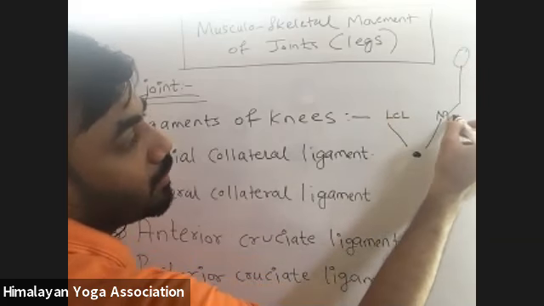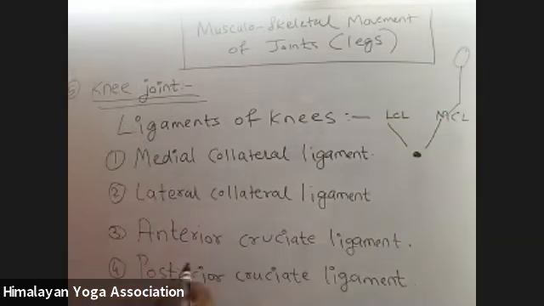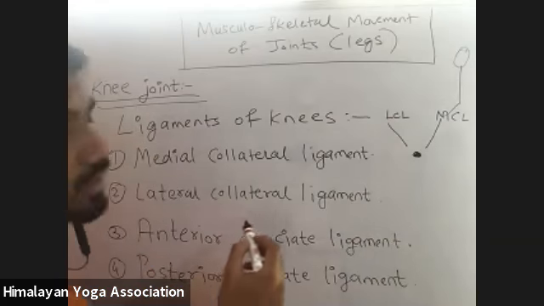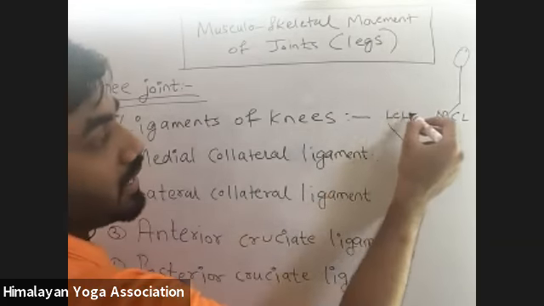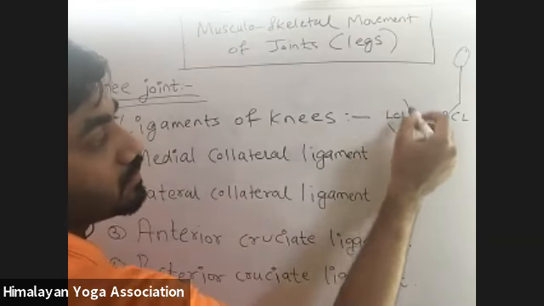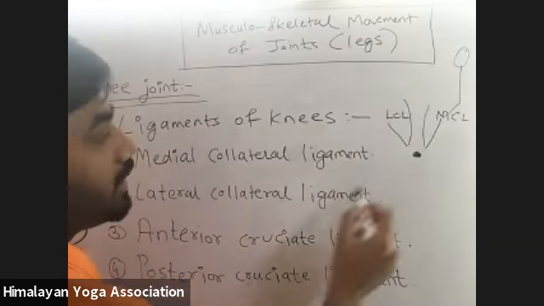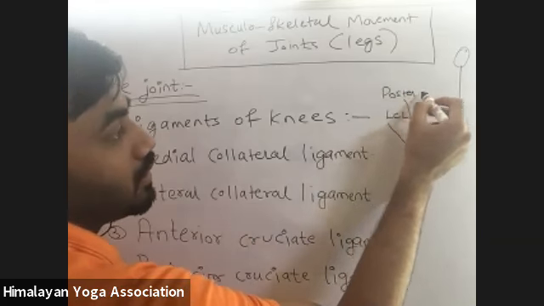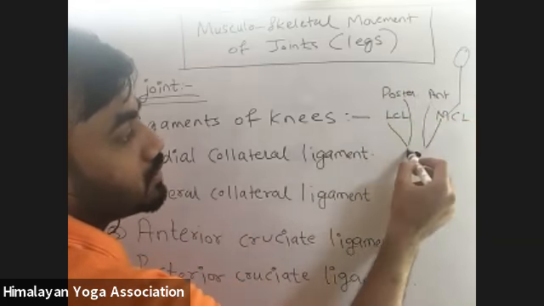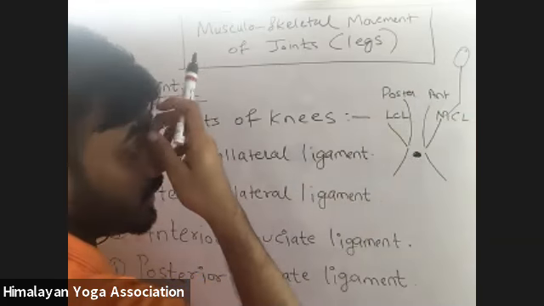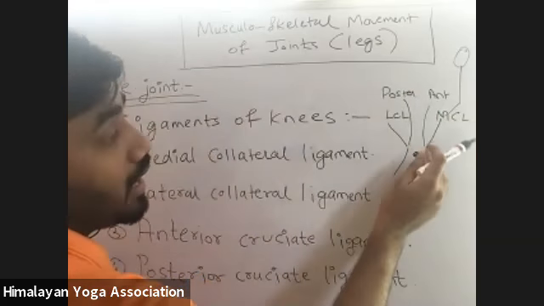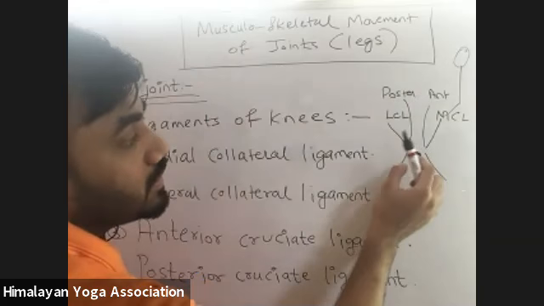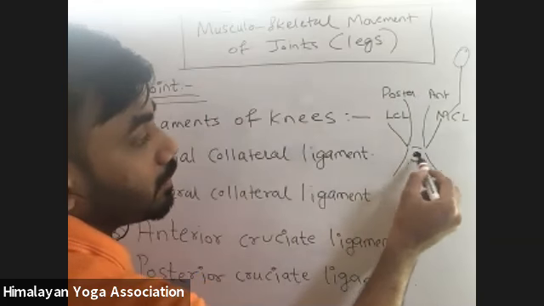So this will be your medial collateral ligament, and then you will have the posterior side as well as the anterior side. The posterior and anterior side are as well these ligaments which connect our kneecap.